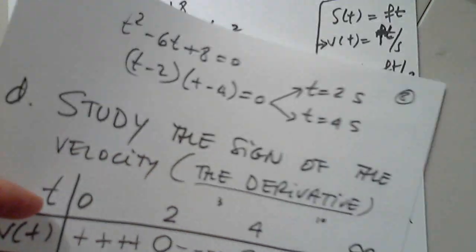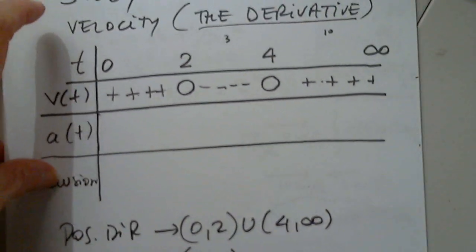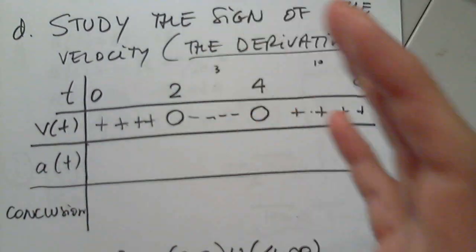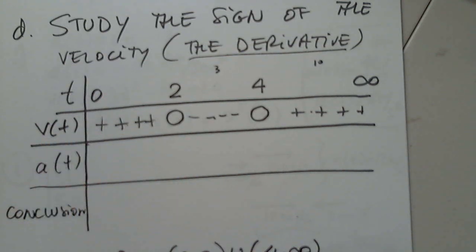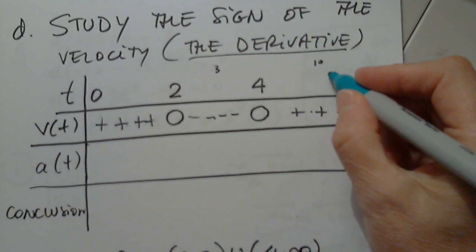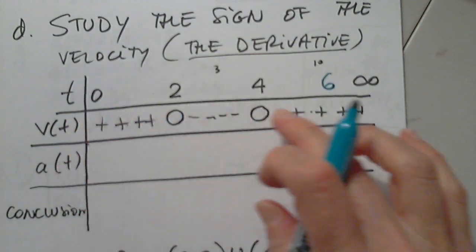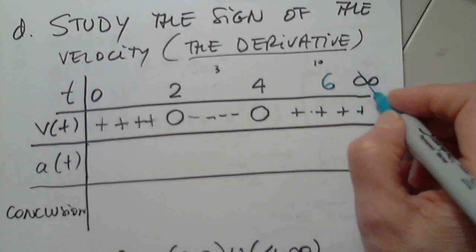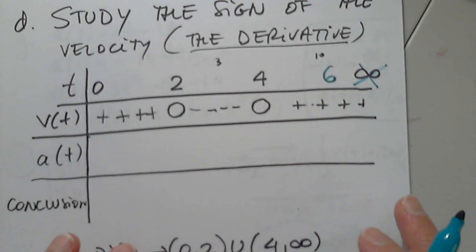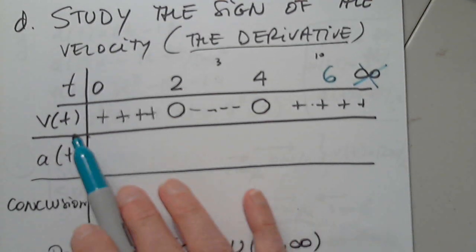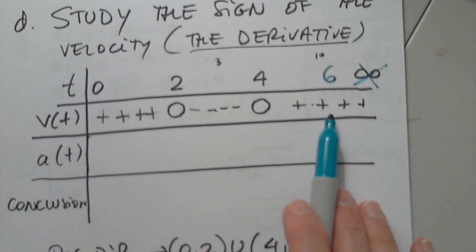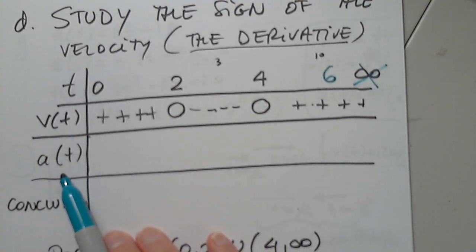So therefore, we're going to go back where I created that table. And now the question is only asking us to discuss what happens between 0 and 6. We're not going to go to infinity. So between 0 and 6, I know exactly what the velocity does, but I don't know what the acceleration does.